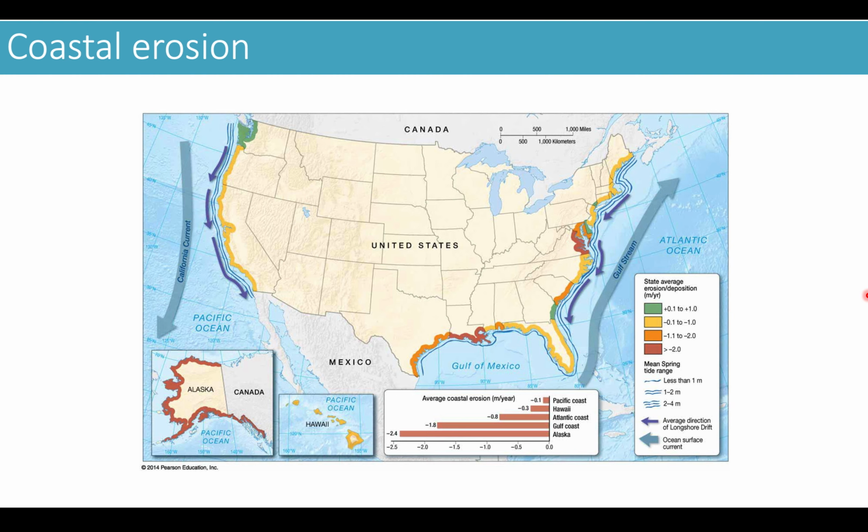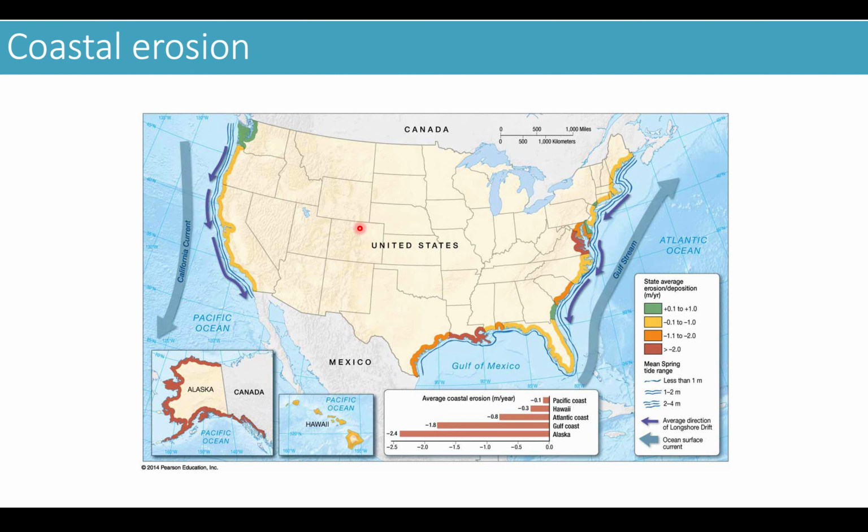There's a couple different ways of doing that. Different places in the U.S. have different erosion and deposition amounts, depending on the way the coastline is situated. We can see here different parts of the U.S. have different erosion and deposition values.